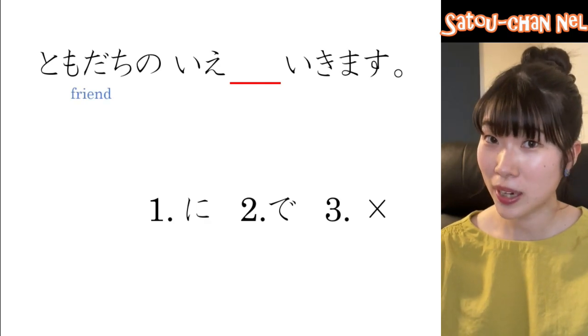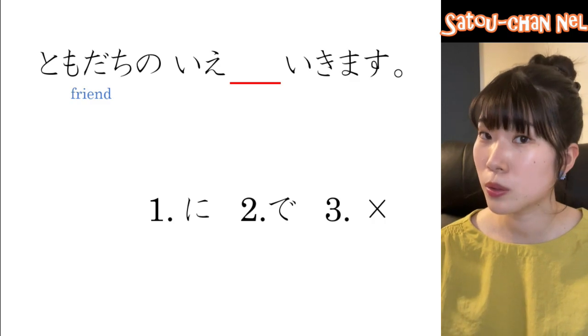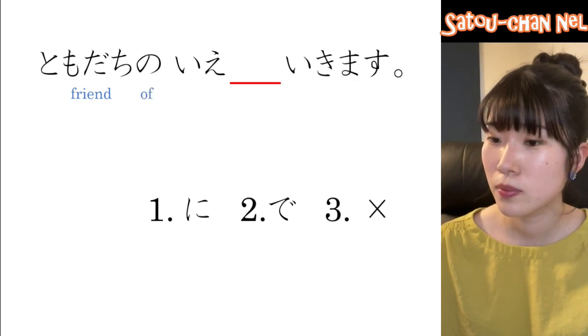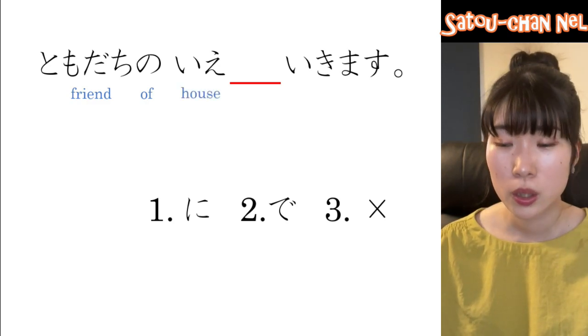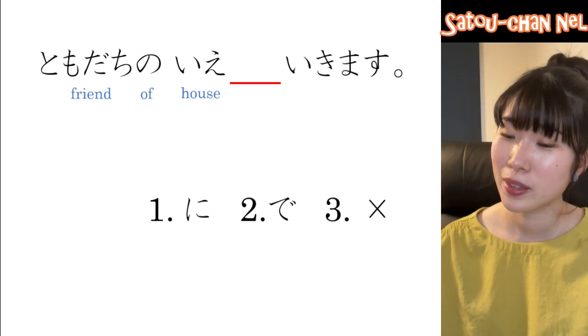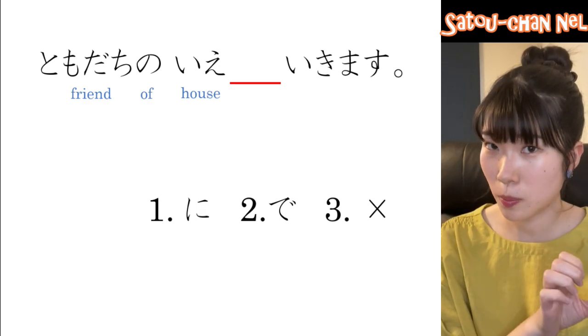Friend, 友達. And we already learned about particle の. In this sentence, it's like "of". 家 is home, house. So house of friend. Friend's house.